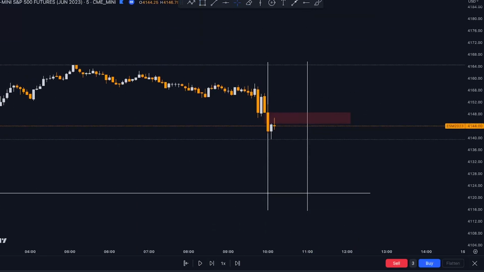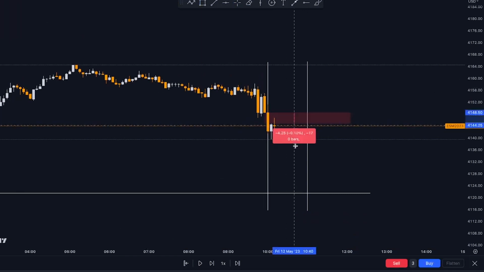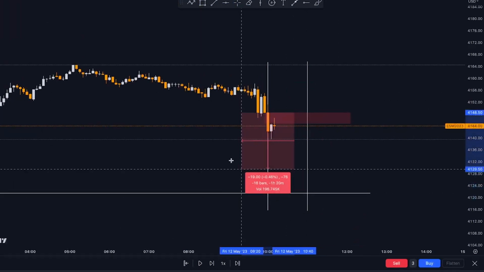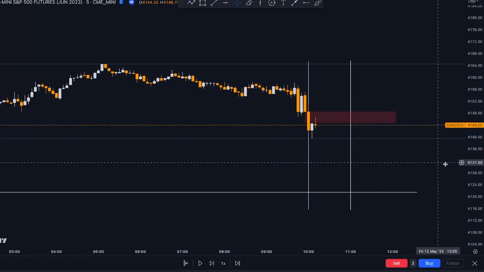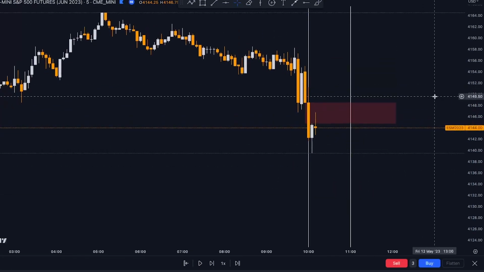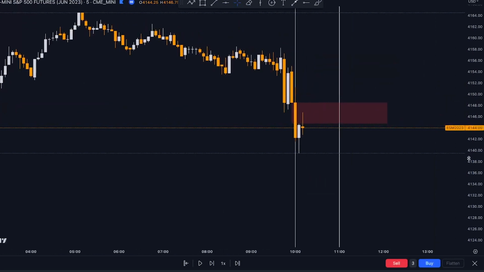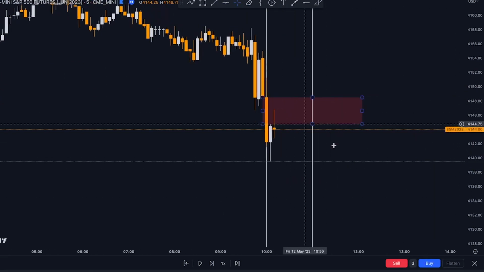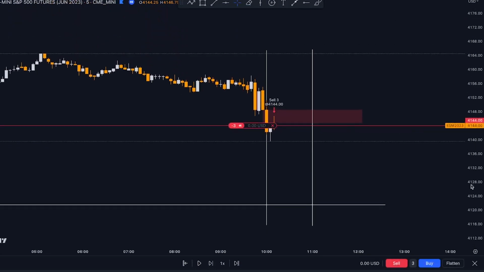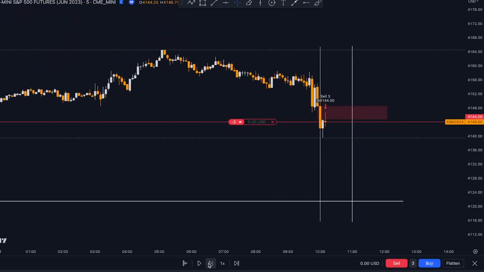Also take your measurement. You can see that this is clearly from the best point to the low, and below the low it's 30 handles. And you want 10 and more. And your target is 5 handles or more, or at least trim at 5 handles sometimes. So this is our entry position. And let's see how this plays out.